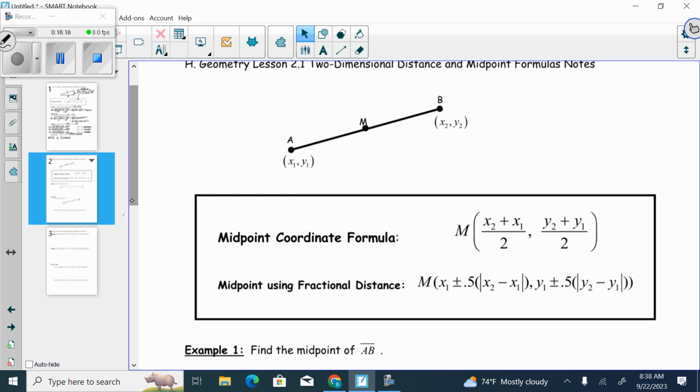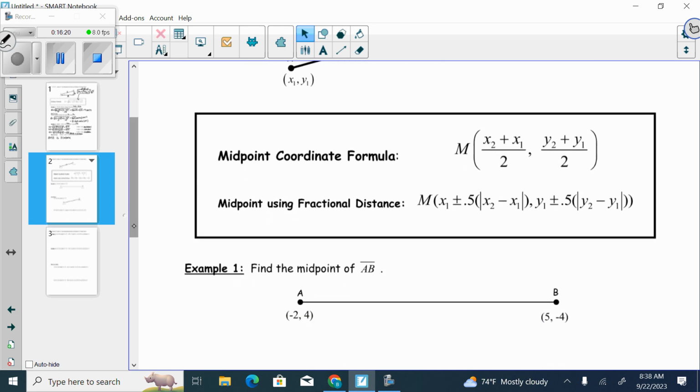All right, so the thing here is, in this formula, you do have to determine if you're going to use plus or minus, but obviously we don't only move left and right on a coordinate plane, right? So if you're determining if you should use the plus or minus, it's determined by which way you're moving. Obviously, if you're going towards the right, you use the plus.